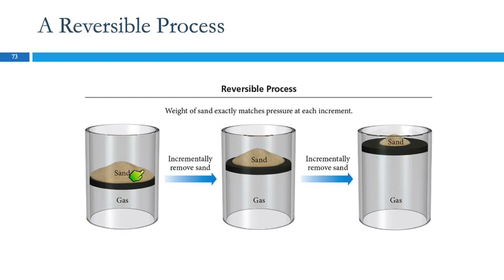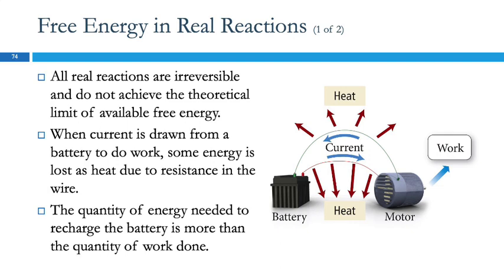At any point here, if you put a piece of sand back on, it would reverse, right? So this is an example of a reversible process, almost, because even a grain of sand is not infinitely small. It still has a mass. So there aren't any real reactions that are reversible. So we can't ever achieve the theoretical limit of available free energy. We're always going to lose some.